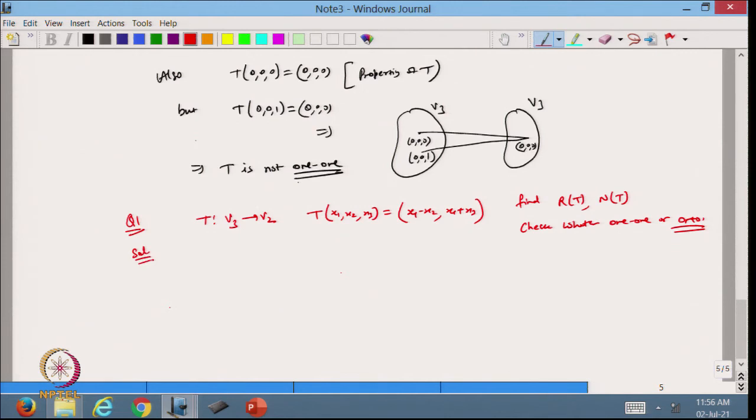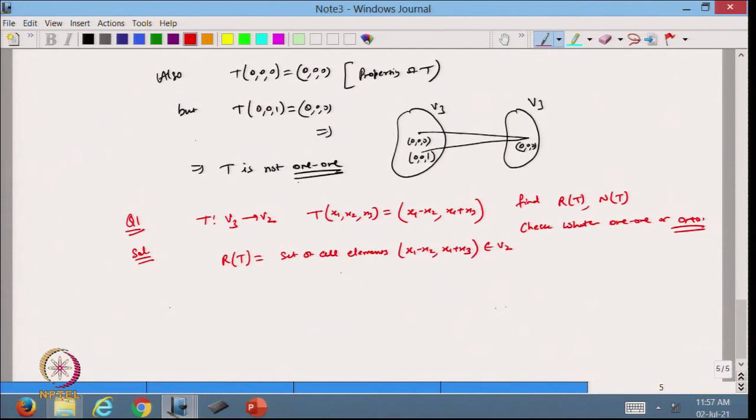Now, how can I define the range space? The range space of T is the set of all elements of the form (x1 minus x2, x1 plus x3) that belong to my V2. So, all the elements are of this form.